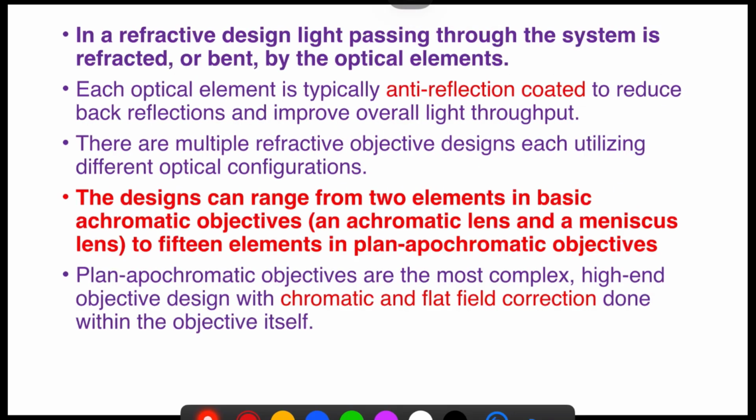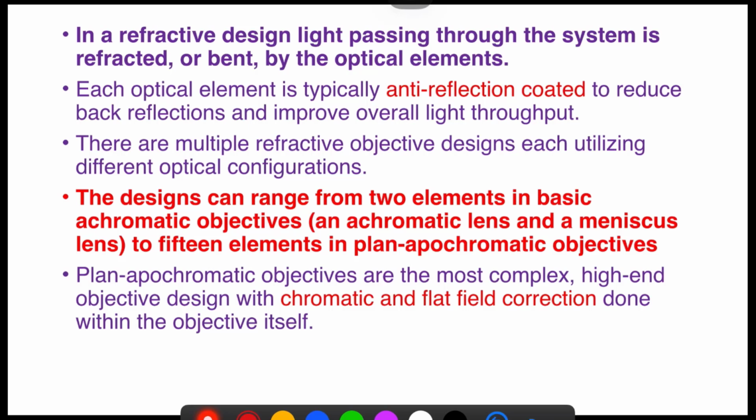In a refractive design, light passing through the system is refracted or bent by the optical elements, and each optical element is typically anti-reflection coated. So there is a reduction in back reflections and improved overall light throughput.